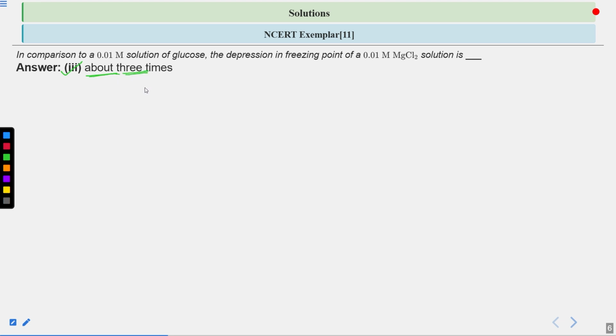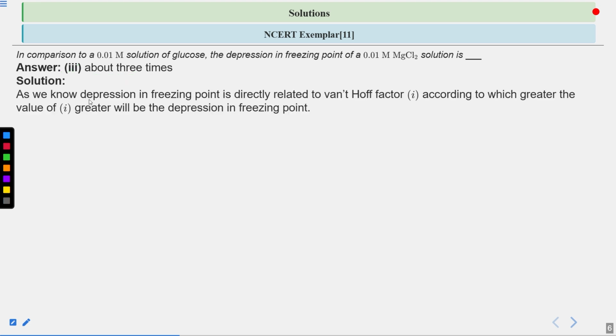So basically the comparison between the depression in freezing point of the 2 given solutions is 3 times. Let's see how. As we know, the depression in the freezing point is directly related to the van't Hoff factor represented by small i. According to this, the greater the value of i, the greater will be the depression in the freezing point.